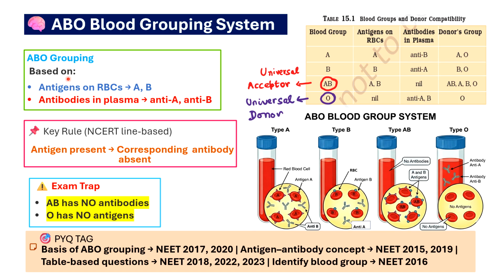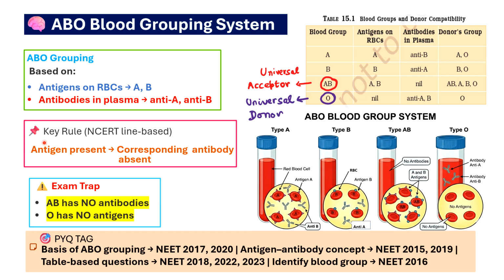Any blood group, I told you, depends on two things. What are they? Antigens present on the RBC and antibodies present in the plasma. Clear? Now if it is the ABO group, what antigens can be present? A type and B type. And antibodies that can be present in the plasma are anti-A or anti-B. Now, clear with the first concept?